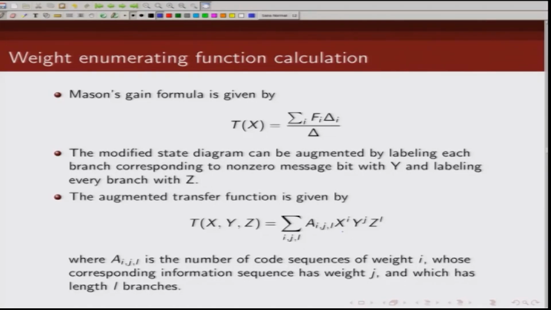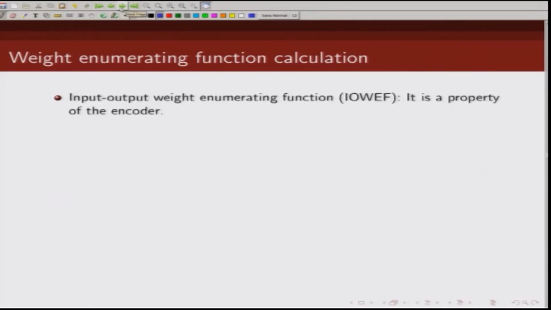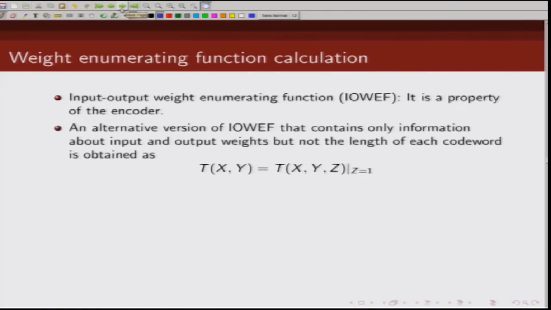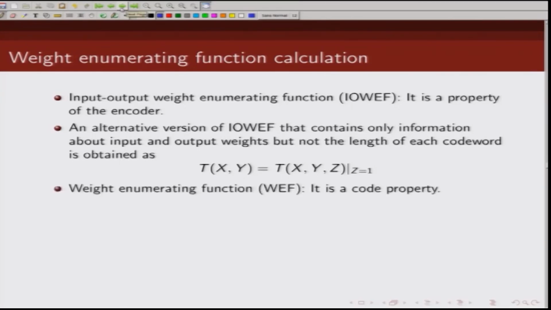So, this will give us the input output weight enumerating function, and it is a property of the encoder. An alternative version of this input output weight enumerating function is one that contains only information about the input and output weight and not the length of each code word. So, if we put z equal to 1, this is going to give us an alternative version of the input output weight enumerating function.